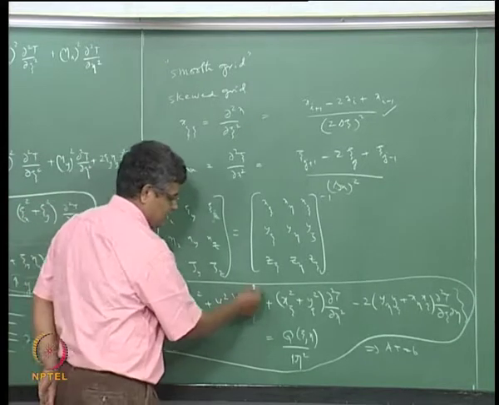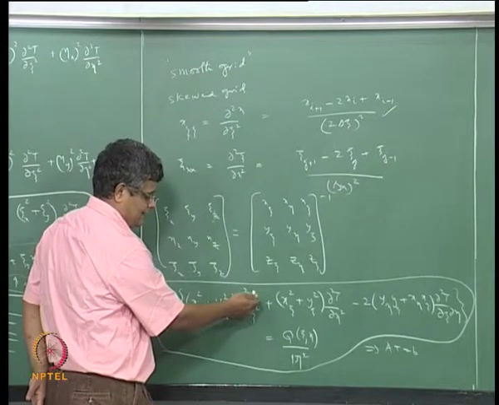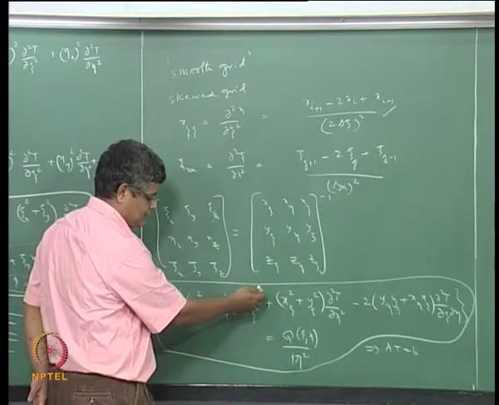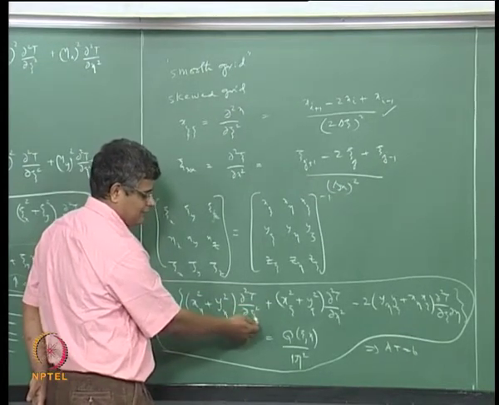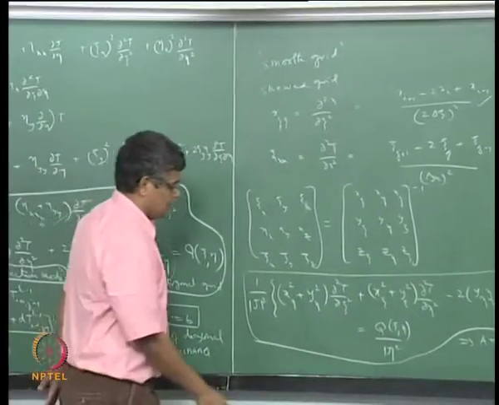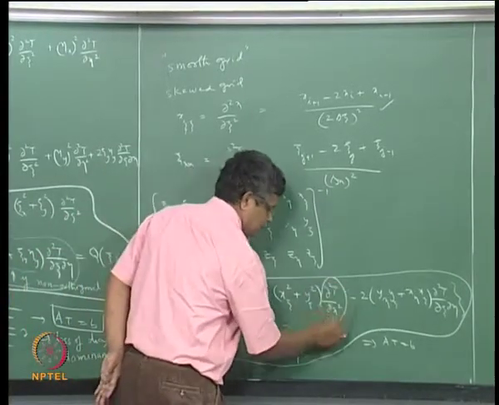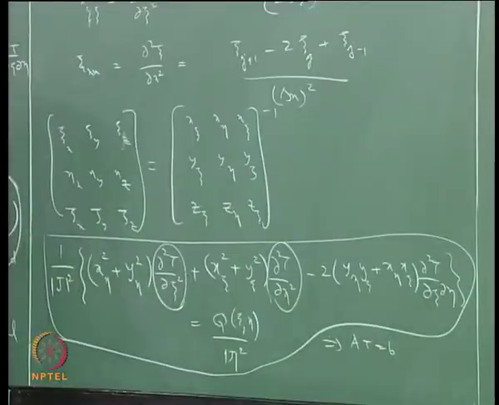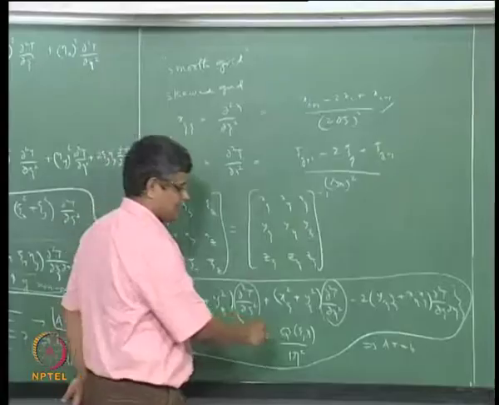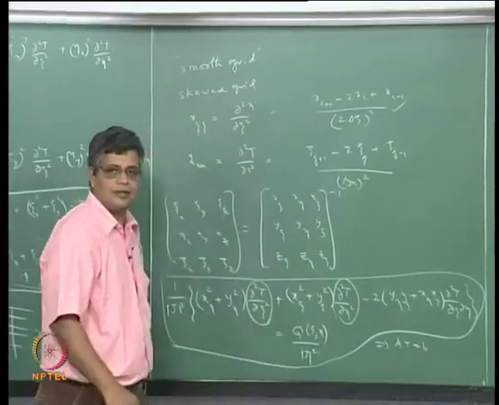So that we now have an equation which has derivatives of the variable in terms of psi and eta and zeta, and for each of these derivatives we make finite difference approximations, and then this equation is converted into a discretized form.